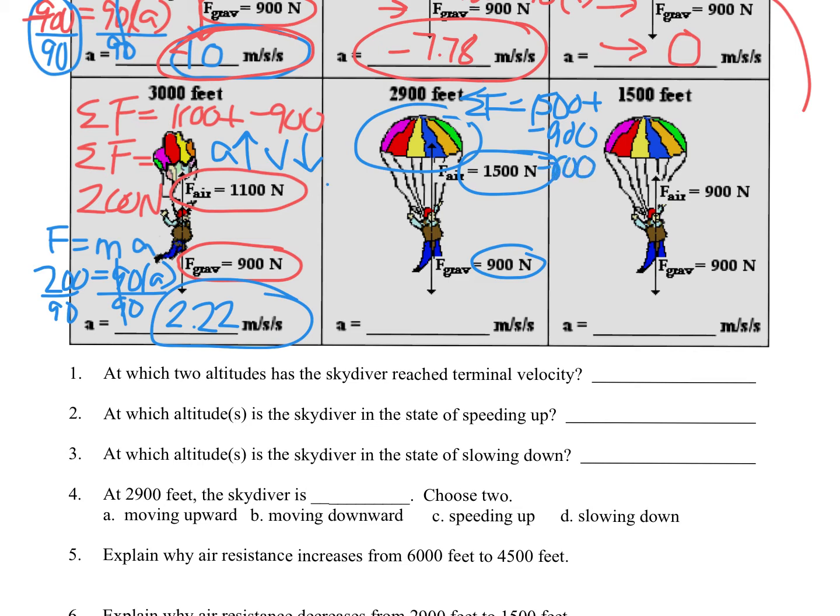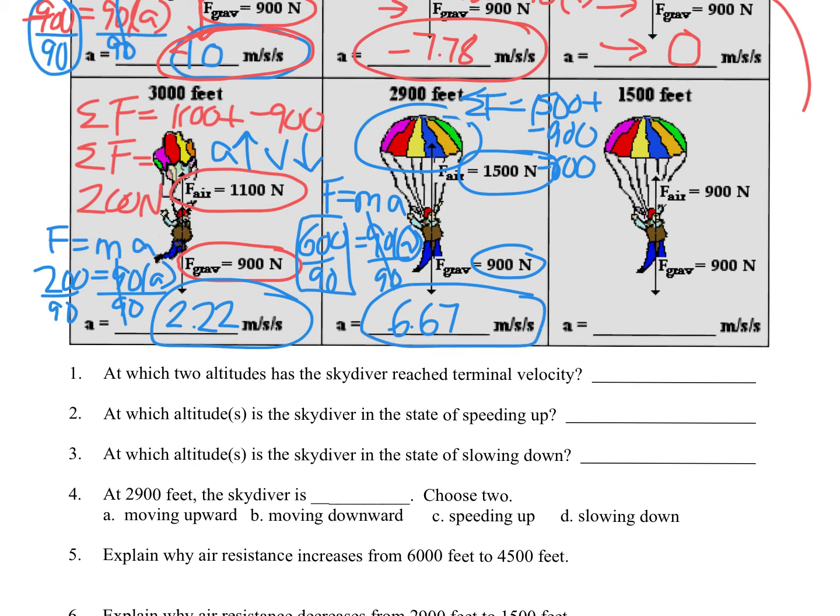Okay, so if I know my net force is 600 and I'm solving for acceleration, F equals ma, looks like I've got 600 for my net force in the upward direction. Mass is 90, acceleration is a. Let me divide both sides by 90 to get a all by itself. And acceleration becomes 600 divided by 90, which is approximately, in my calculator, 6.67 for the acceleration.